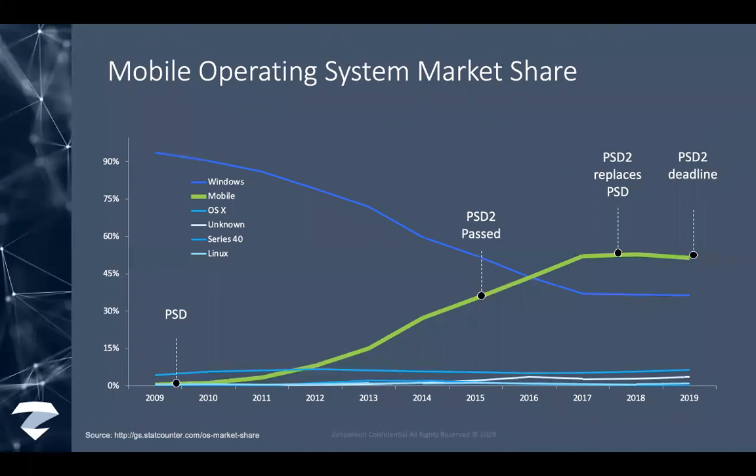The whole thing was really because mobile devices have taken over, right? The first Payment Services Directive said nothing about mobile devices, but as the devices became more and more prevalent, with more banking services, civil services, all types of location services, just count the number of apps on your mobile device.